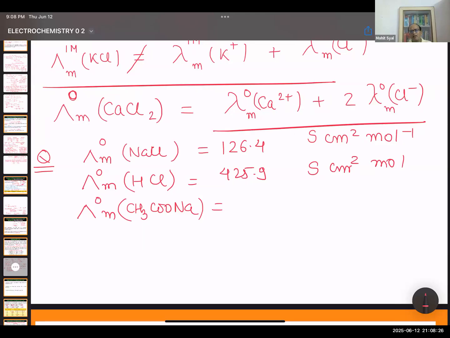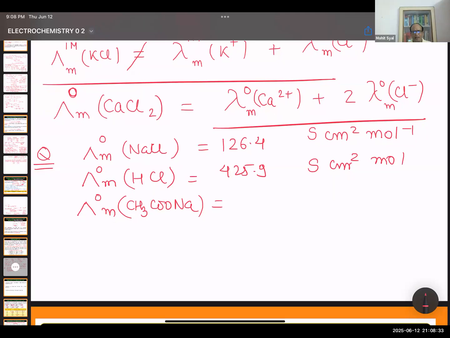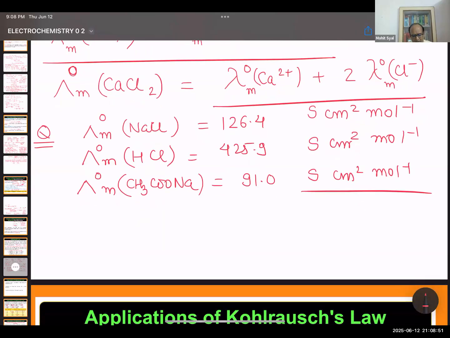So these limiting values for sodium acetate is given. Let me write it. For sodium acetate, it is 91 Siemens centimeter square per mole. The units are same for all of them.